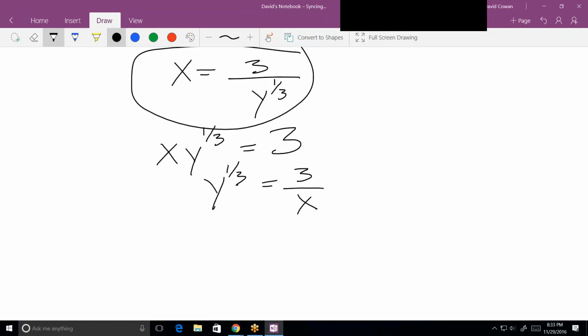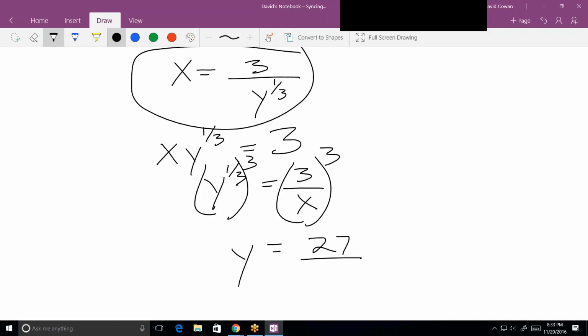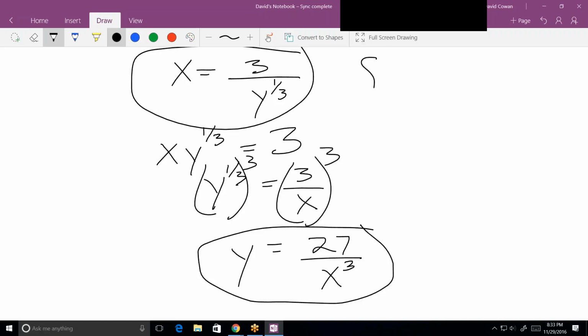Well, the way we get y all by itself is to cube both sides of the equation. And notice that when you cube the left side, you multiply the exponents together, so you end up with y. The right side becomes 27 over x cubed. There is your inverse function. So I can now say that f inverse of x equals 27 over x cubed.